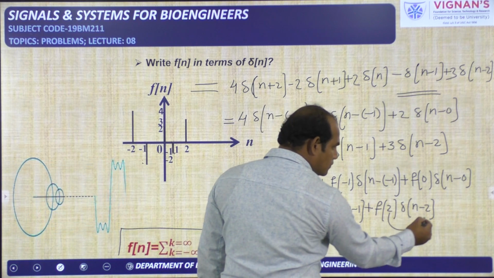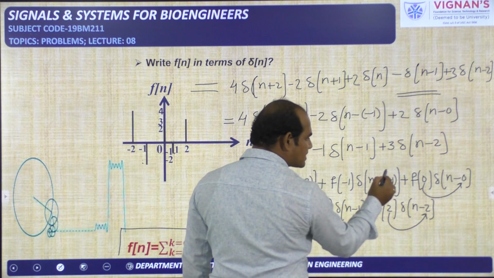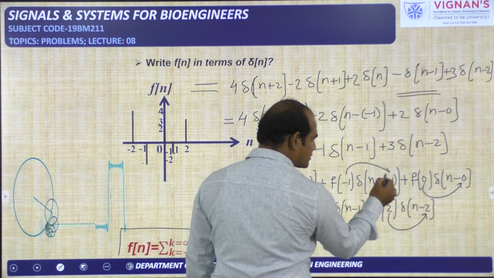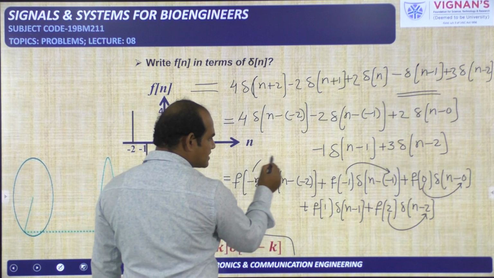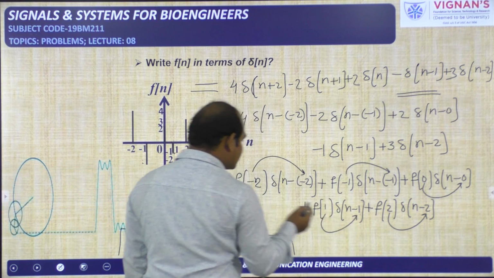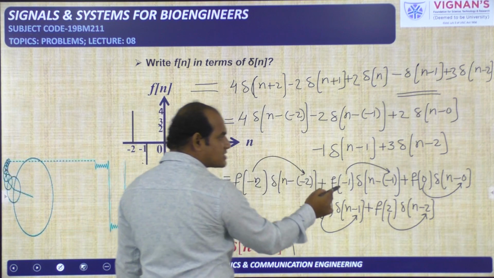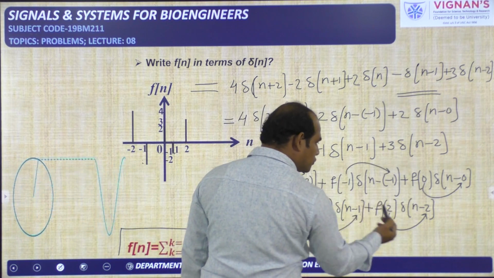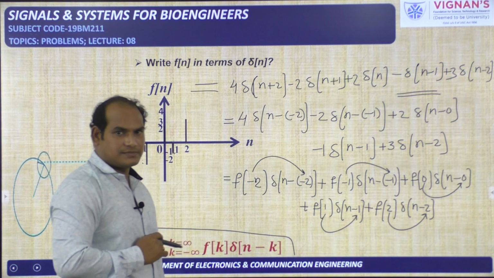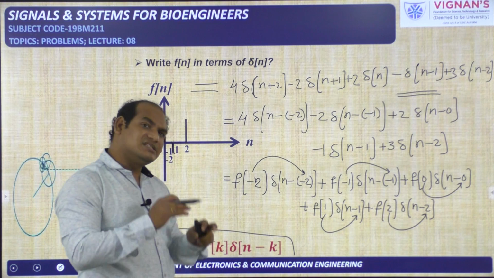So here 2 means here also 2, here 0 means here also 0, here minus 1 means here also minus 1, here minus 2 means here also minus 2, here 1 means here also 1. That means it is changing continuously, minus 2, minus 1, 0, 1, 2. From minus 2 to plus 2 it is changing, so that is a variable.